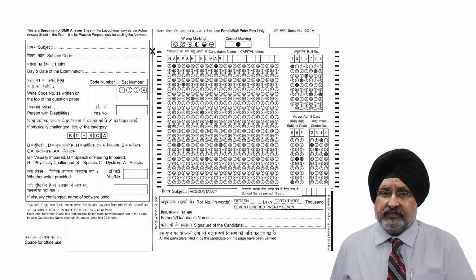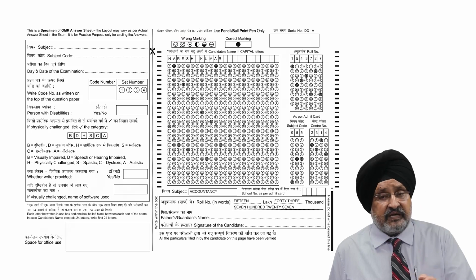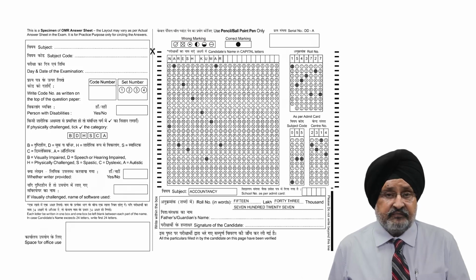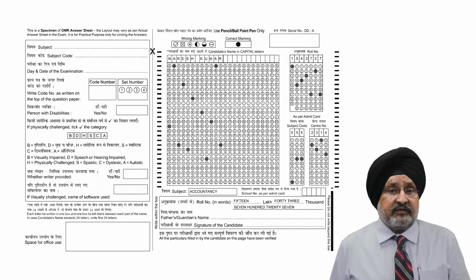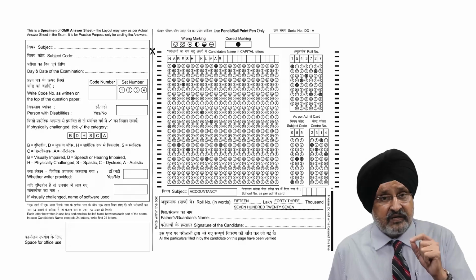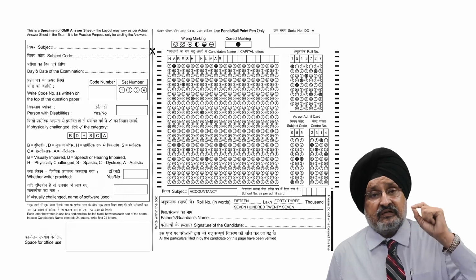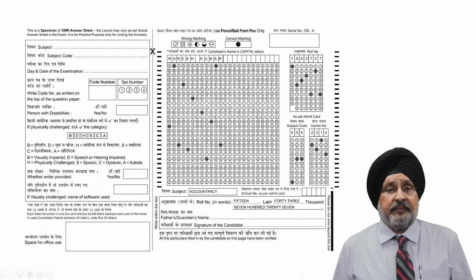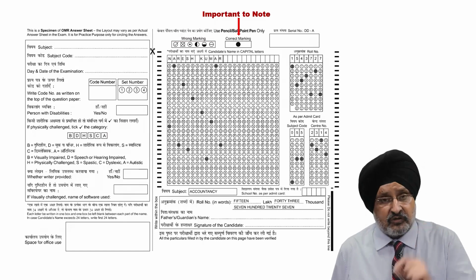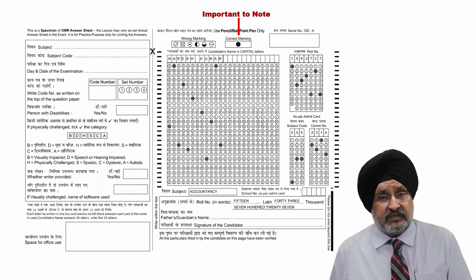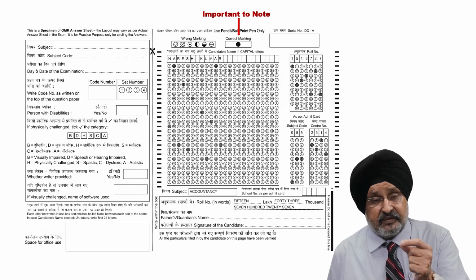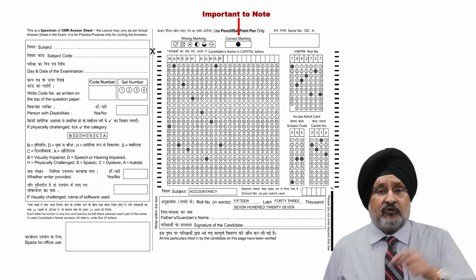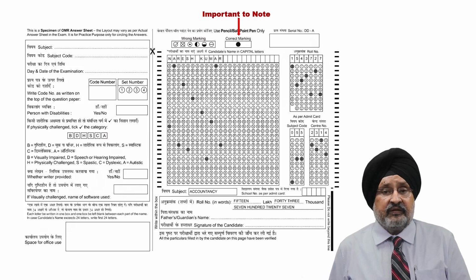On top of it, you will see that a few markings are given. But which one is the correct marking? The correct marking is when you darken the entire circle like this. And ensure that when you darken the circle, the darkened place does not fall outside of the circle area.